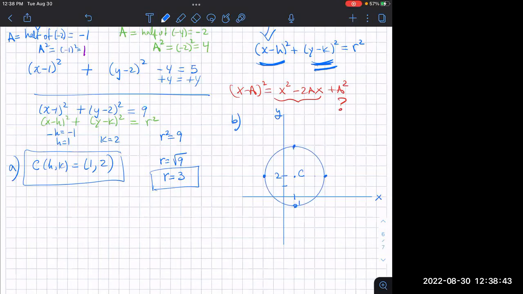So there you go. That's a center 1, 2, and radius 3.